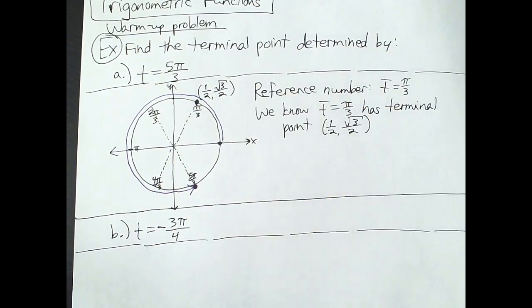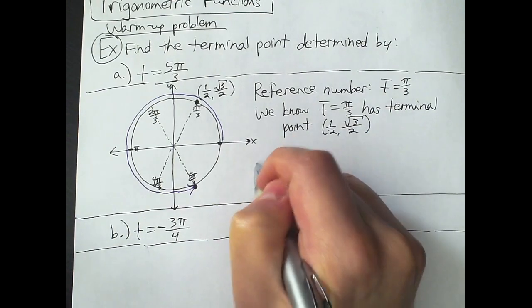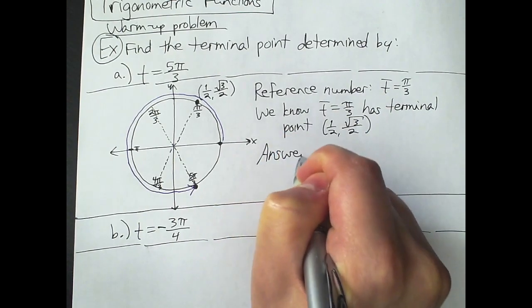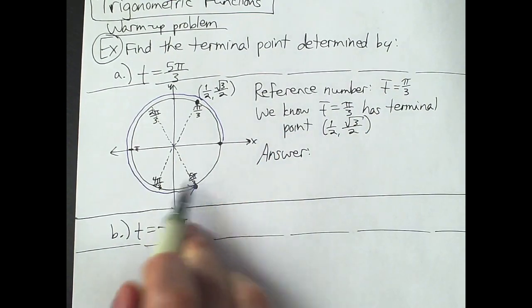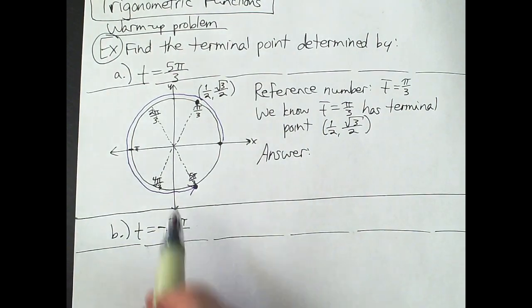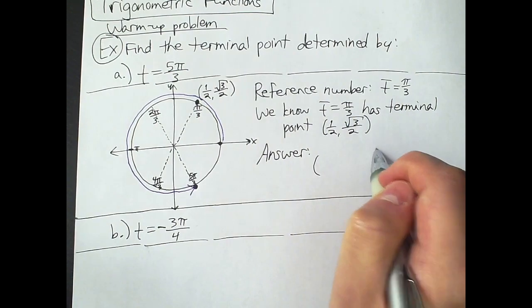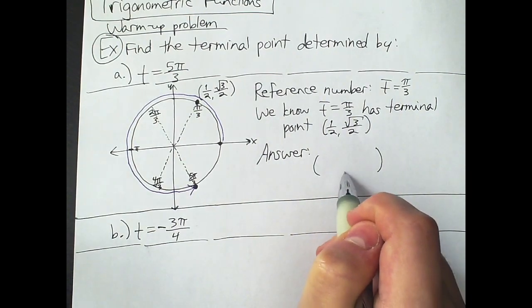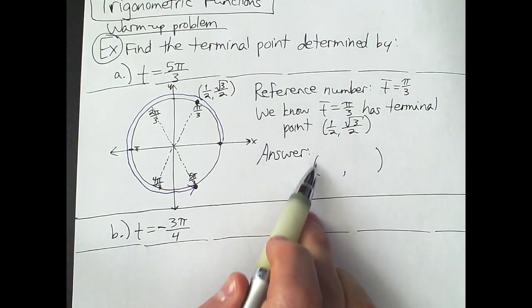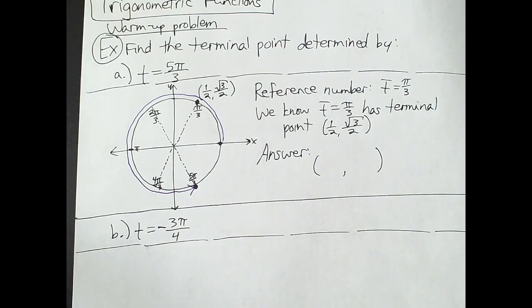So the answer that we are looking for, we want the terminal point for 5 pi over 3, and it's going to be some form of 1/2, comma, square root of 3 over 2. We just have to decide if there's a plus or a minus in front of each coordinate.